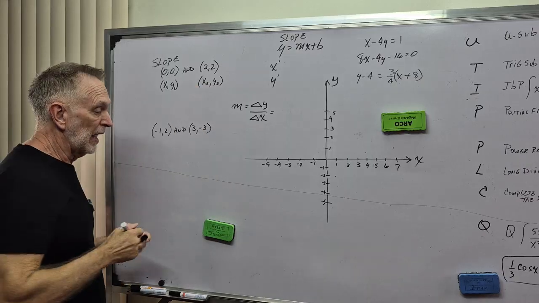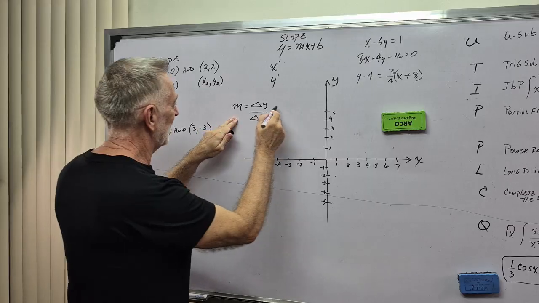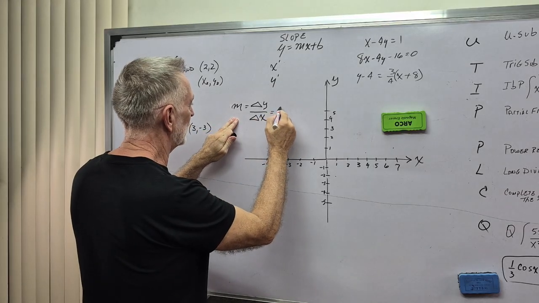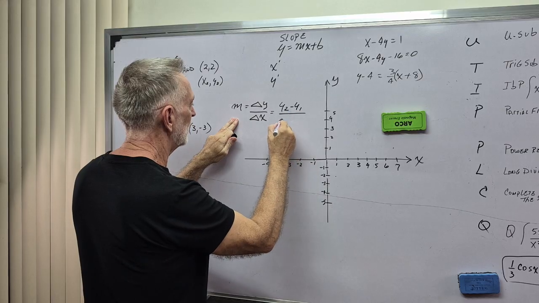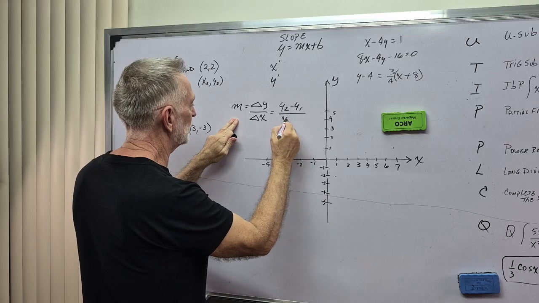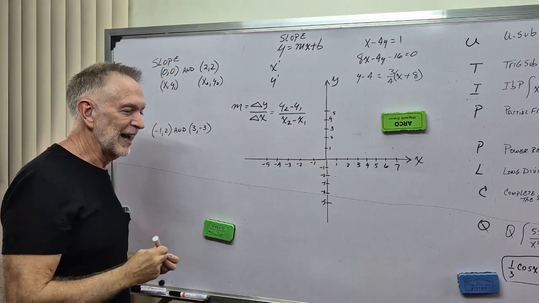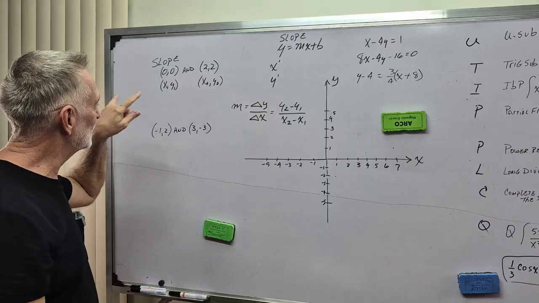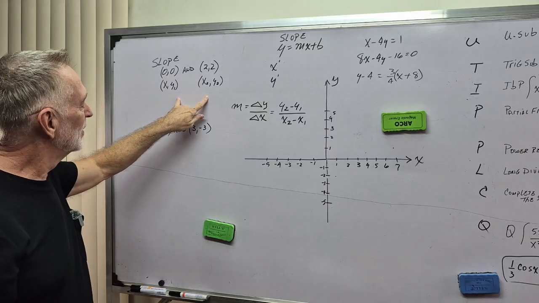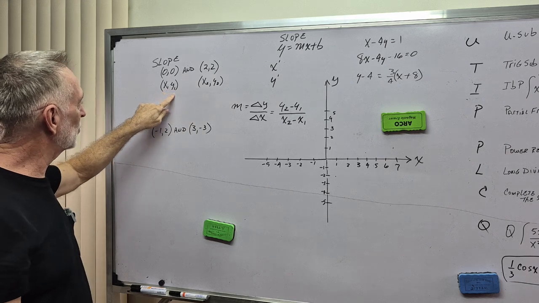Actually, I used to do that because in the m formula, change in y is y sub 2 minus y sub 1, and then the change in x is x sub 2 minus x sub 1. I still do this to this day. I know this sounds crazy. I will label which is x sub 2, y sub 2, x sub 1, y sub 1.